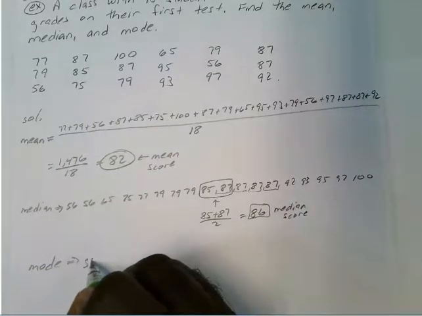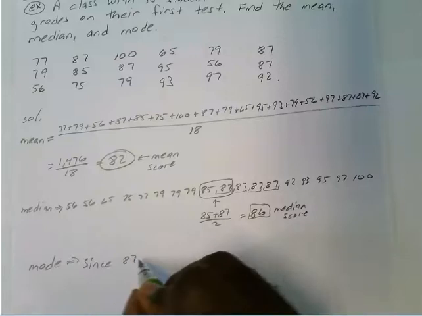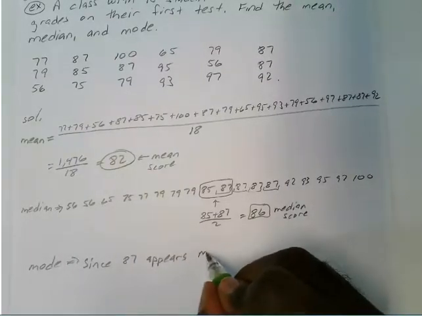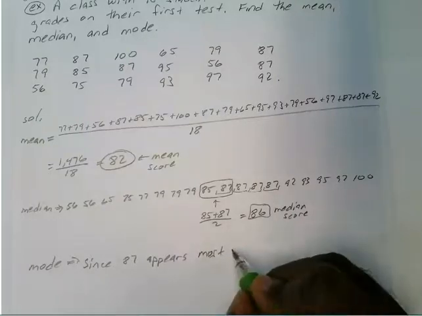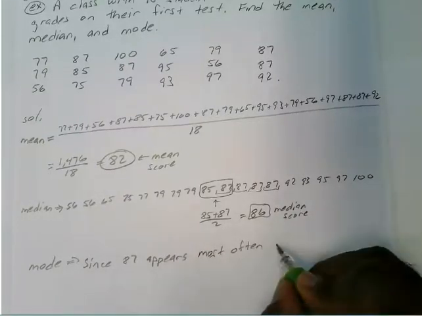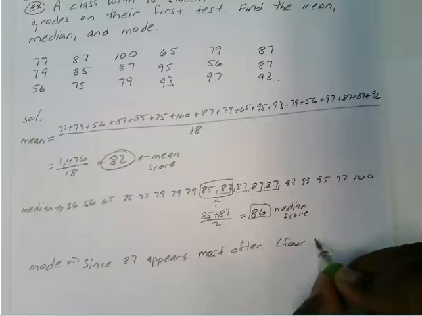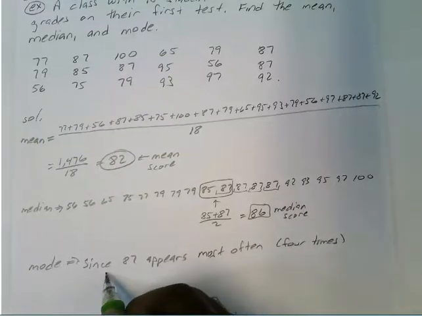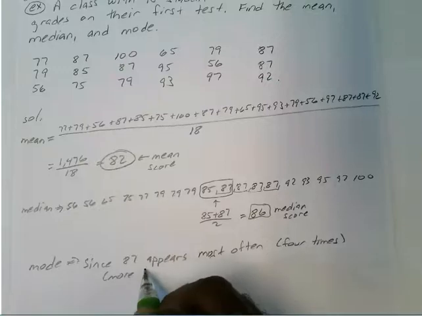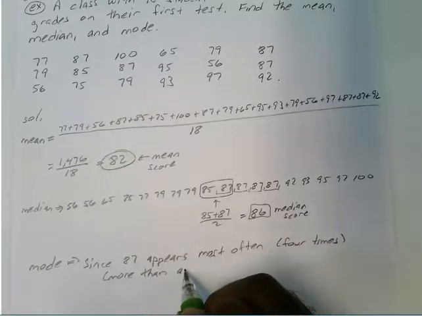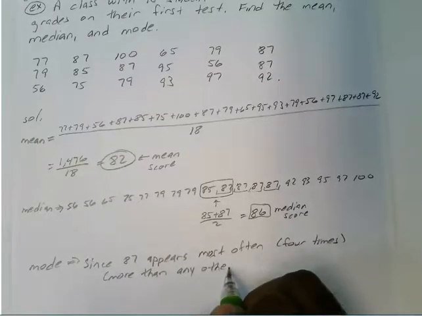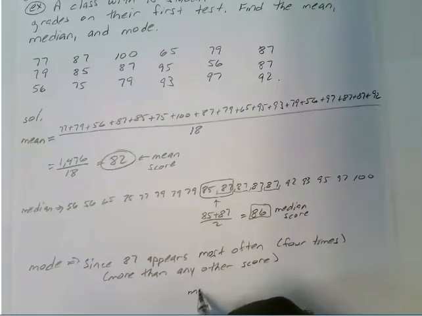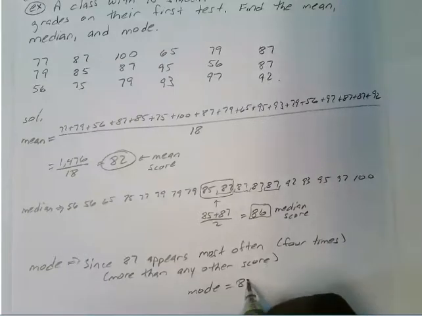Okay, since 87 appears most often, which is 4 times, more than any other score, your mode is equal to 87.